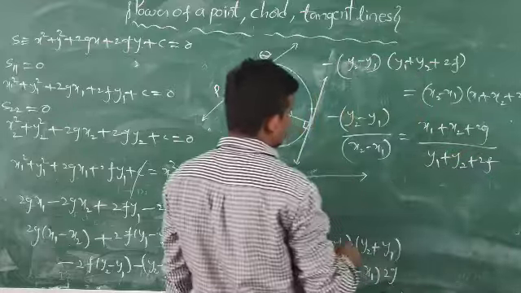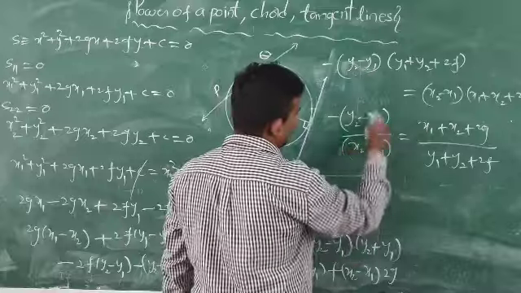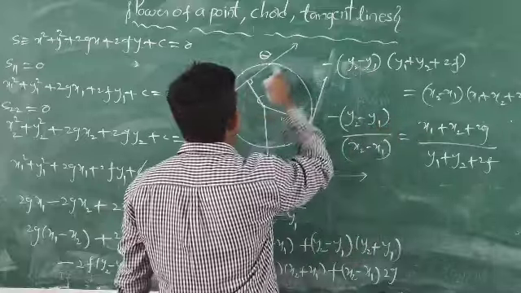Okay. Now it is the slope of the straight line passing through x1 y1 and x2 y2.